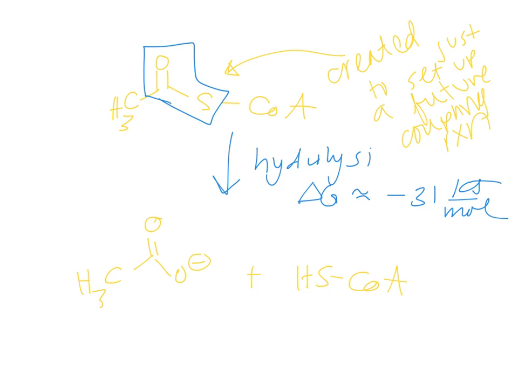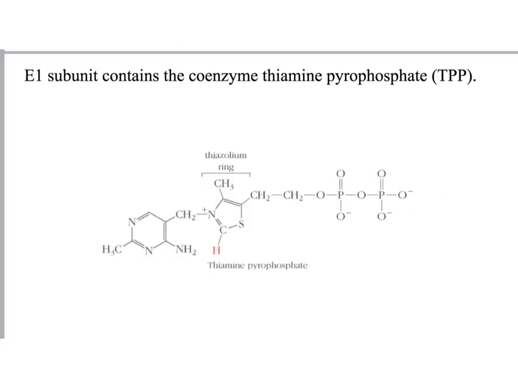But before we do that, I'm going to go through the different structures of the coenzymes and their vitamins so that you've seen them all once. Okay, so the E1 subunit contains a coenzyme thiamine pyrophosphate. The two phosphates together, this is what's called the pyrophosphate.